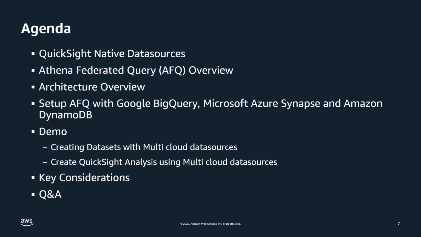And then we'll get into the demo of showing you how we are creating data sets with multi-cloud data sources. Also create a QuickSight analysis using all these data sources. And towards the end, we will look at some key considerations that you should look for when doing multi-cloud analytics, some of the challenges that you might face, and how to go about it. And then we will finally end up with a Q&A session.